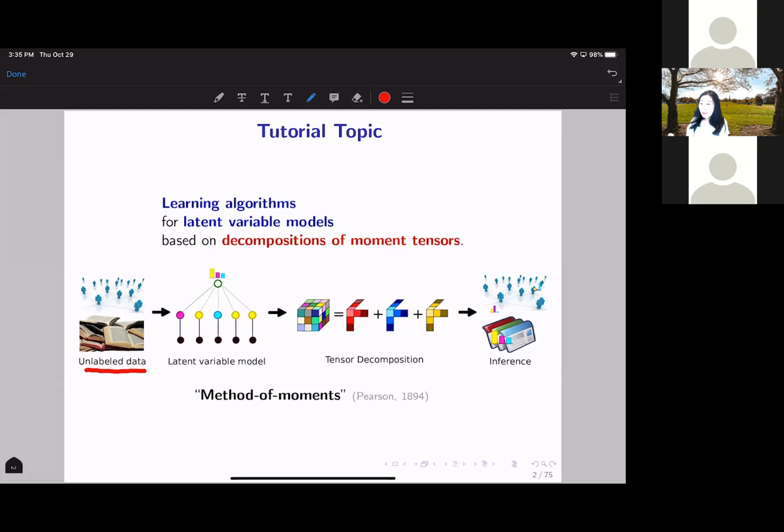What is the model? The model is essentially the parameters that describe this latent variable model. Okay, we haven't seen any of them yet, but if you go back to think about the graphical model scenario, then these are the thetas that are describing the joint distribution of this graphical model. So that's the model parameter.